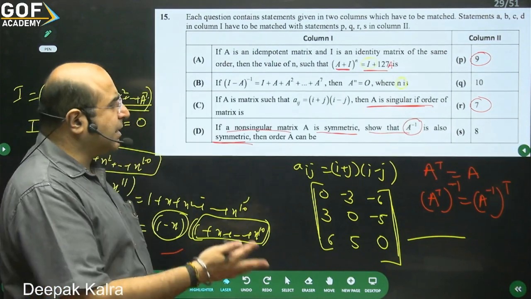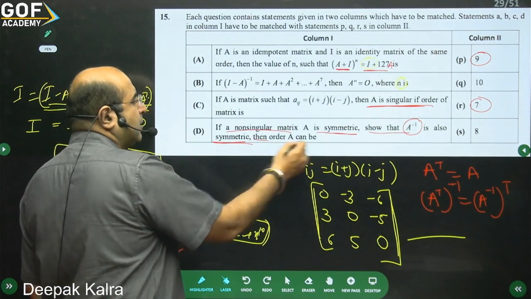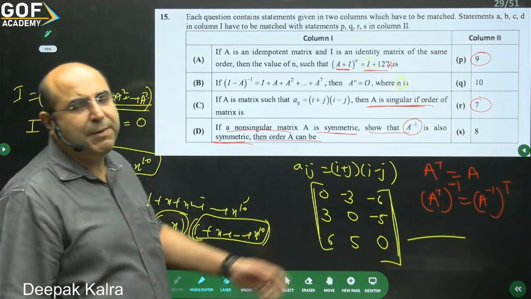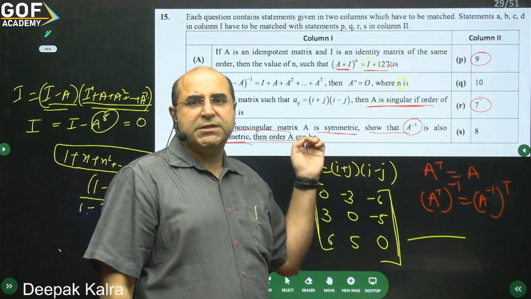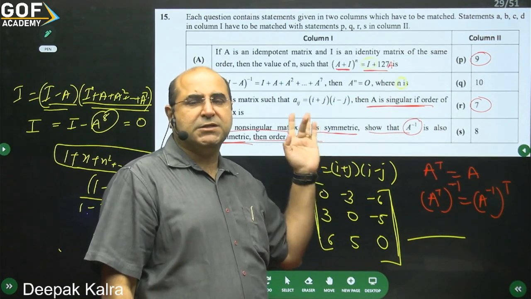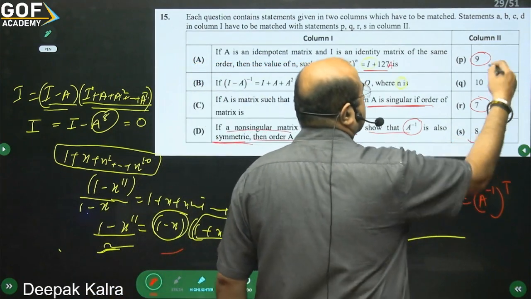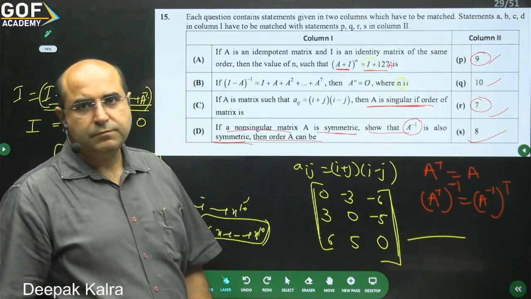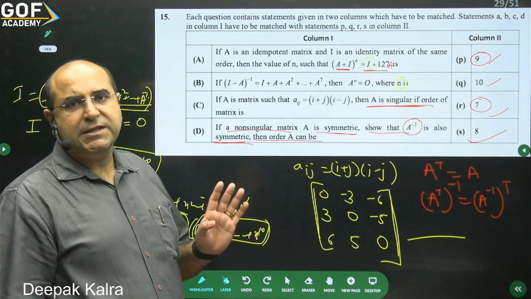So it is again correct. We don't have to show. It is just written absurd thing. Then order of A matrix. A matrix can be of any order. It is not having any role of setting the order for non-singular symmetric. Symmetric, any order can be possible. Your all answers are correct. So any order symmetric matrix always exists of non-singular type.